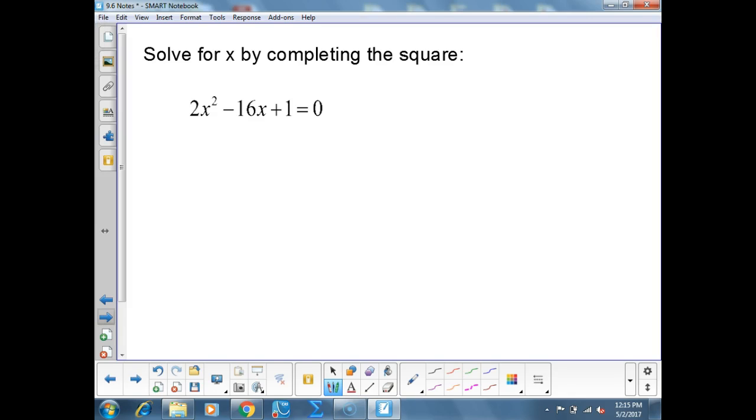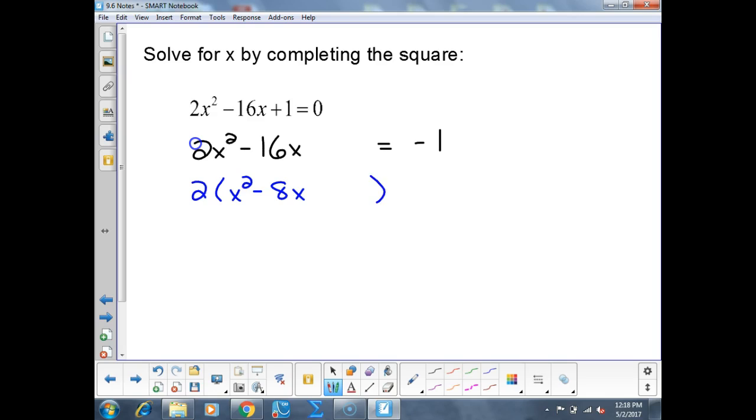Try it. So step 1 says I got to space it out, right? So this becomes 2x squared minus 16x equals -1. Does everybody agree with step number 1? Yep. Step number 2 says I need to factor out a 2. Everybody agree with that?